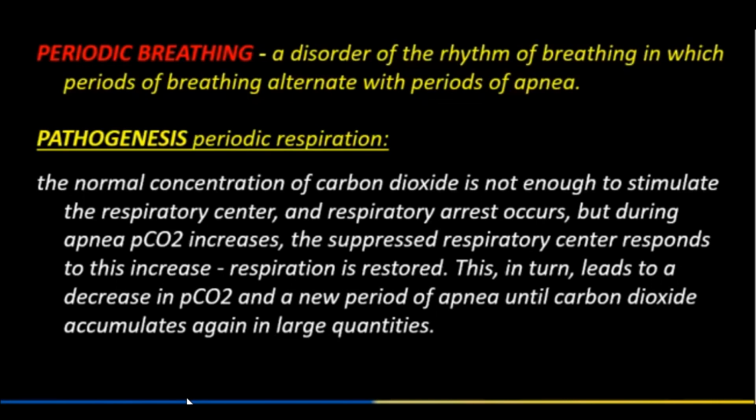But during apnea, the partial pressure of carbon dioxide increases, and the suppressed respiratory center responds to this increase. Respiration is restored, which in turn leads to a decrease in carbon dioxide pressure and a new period of apnea, until carbon dioxide accumulates again in large quantities.